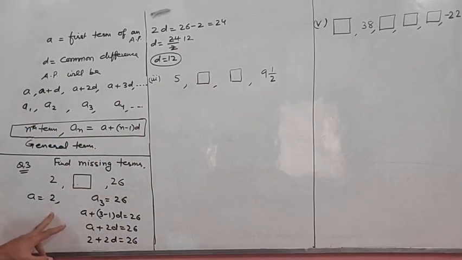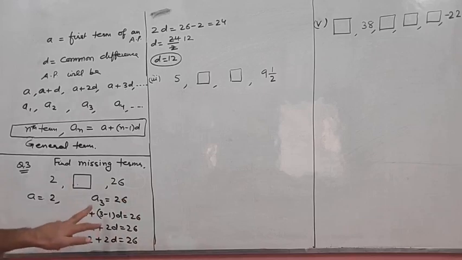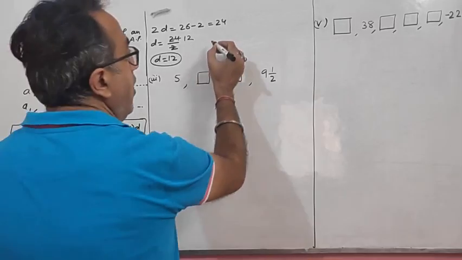The first term A was given as 2 and the third term was given as 26. So by using the formula, A3 is A plus 2D equal to 26. Putting the value of A, we can find D, which is 12. Now, which term was missing? The second term was missing. So now find the missing term.